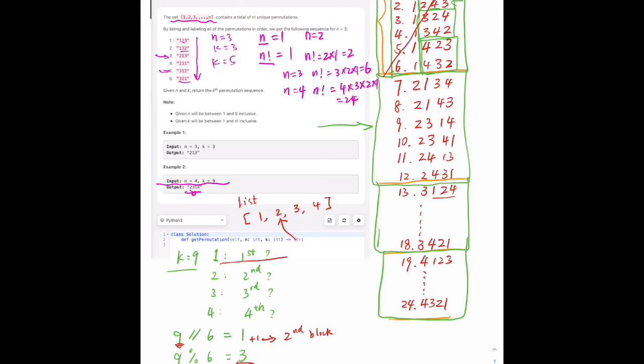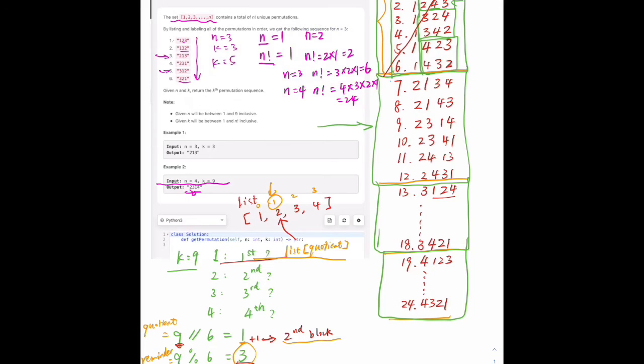So the index of the list is 0, 1, 2, 3. And here, the quotient is 1, is actually the index we want to get. So we know the first number is list quotient. And this one is the remainder. When the remainder is 3, that means it's the third number of the second block.